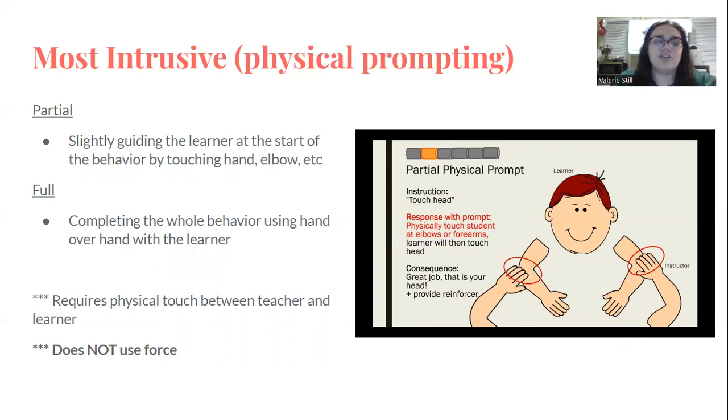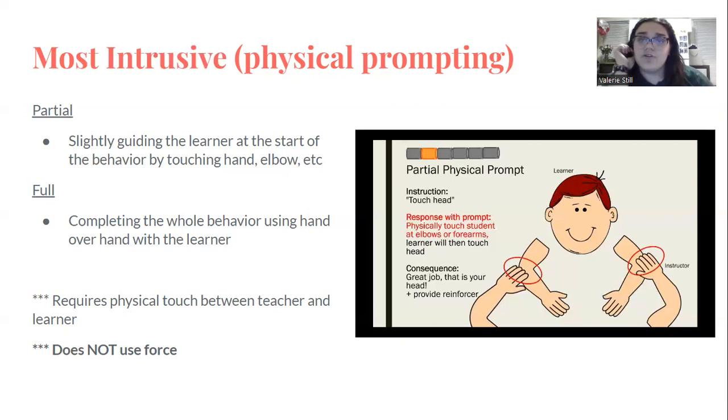So that goes back to the client characteristics and preferences. If they do have sensory issues, physical prompting might not be the most effective for them. Just because it is physical prompting and you are using physical touch does not mean that we use force. If the learner does push back or try to fight the prompt, then the staff or teacher would just let go.